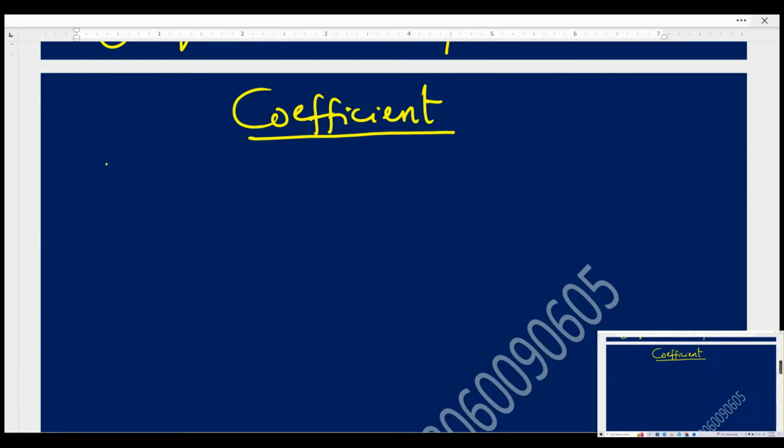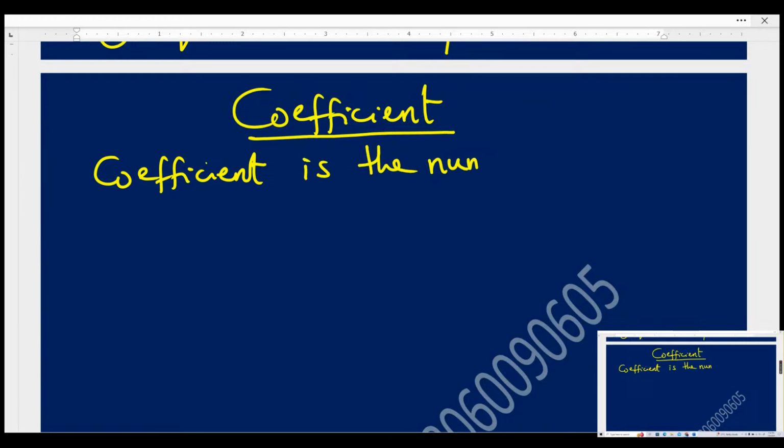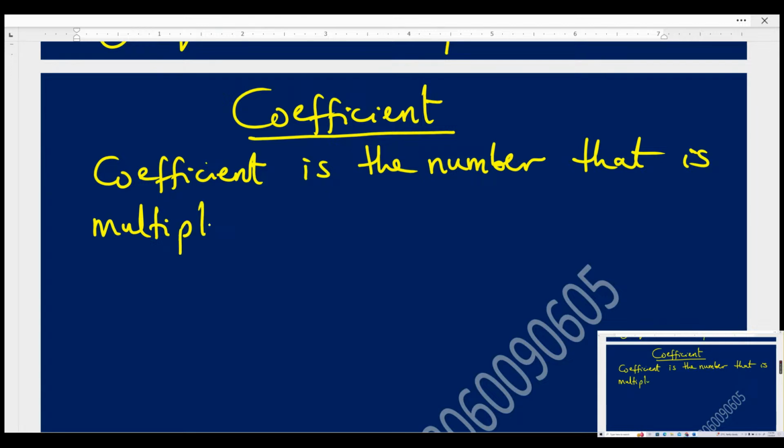Coefficient is a number that is multiplying the symbol. Coefficient is the number that is multiplying the symbol.